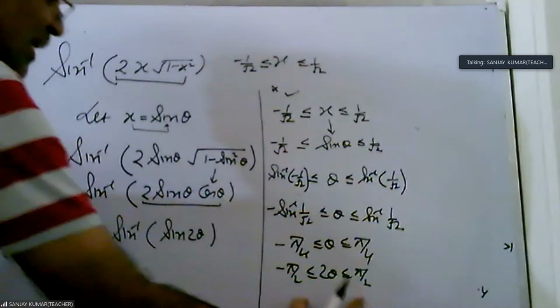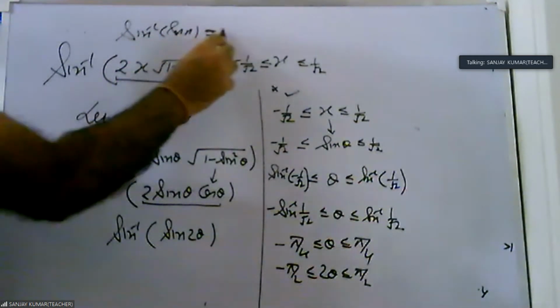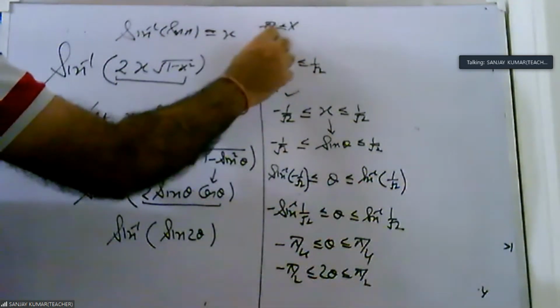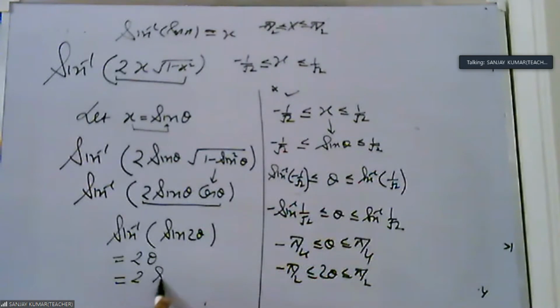This is the condition for sine: sine inverse of sine x is x only when x lies between minus pi by 2 to pi by 2. So here you get the values of 2 theta between minus pi by 2 to pi by 2, so you can cancel it out. Then we get the value of 2 theta. Now what is theta? Theta is sine inverse of x. So this is the simplified form.